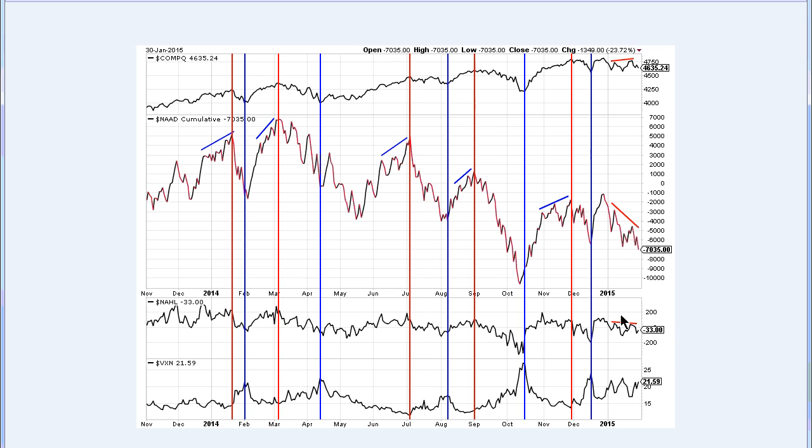Okay, so again, essentially what it's telling us is the Nasdaq is getting weaker, and if we look at the bigger trend, you see this advanced decline line is actually trending downward, while the index is making a little bit of an upward move.